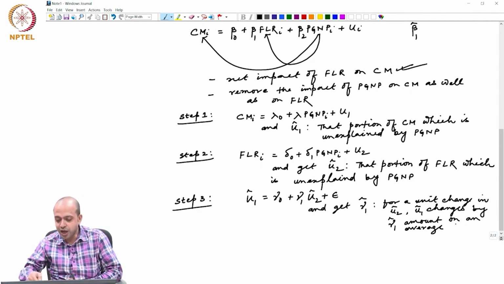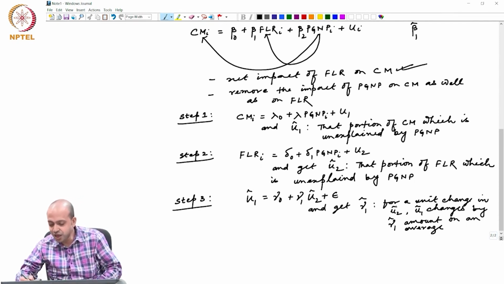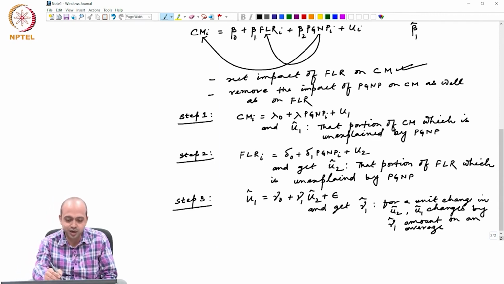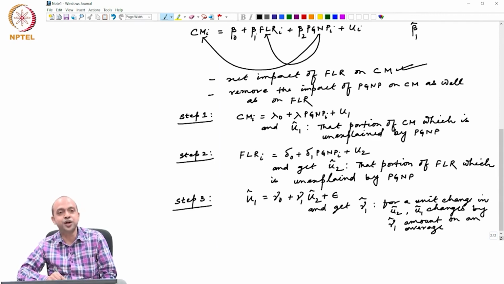So that means I can say the interpretation as for a unit change in u2 hat, I will say that for a unit change in FLR, purified value of FLR, okay, what is the change in purified value of CM? That is nothing but gamma 1 hat, and that is nothing but our beta 1 hat.